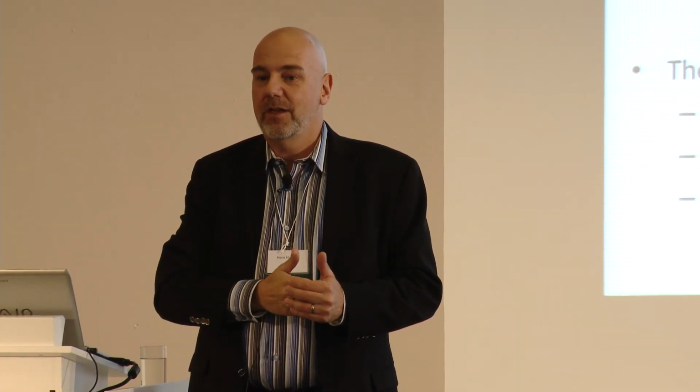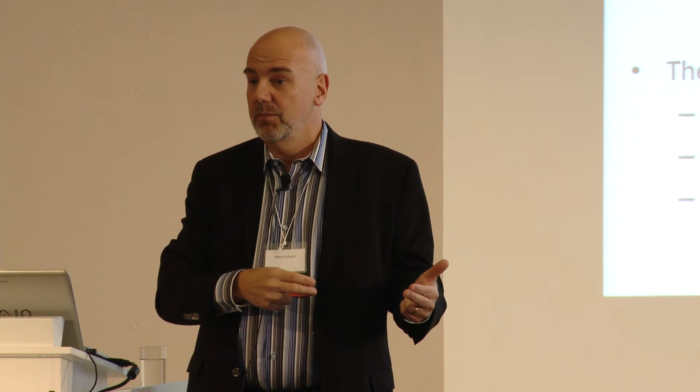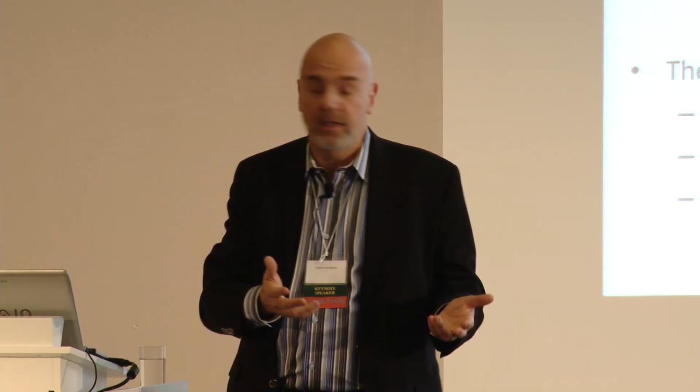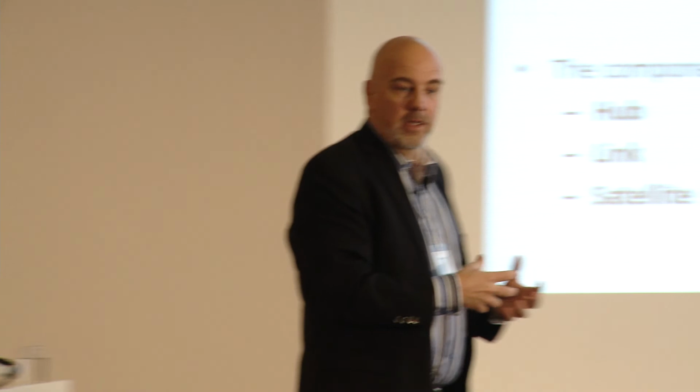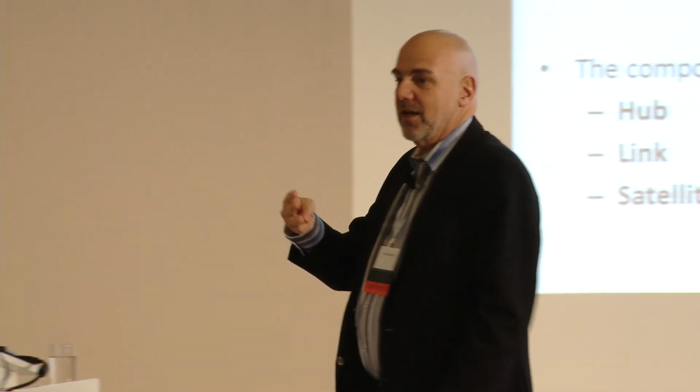The relevant point to make here is something about modeling patterns, and in this case, modeling pattern awareness, being aware of the pattern that I'm actually deploying. So if you have a multi-valued sat, you don't have a three-form ensemble with hubs, links, and sats.